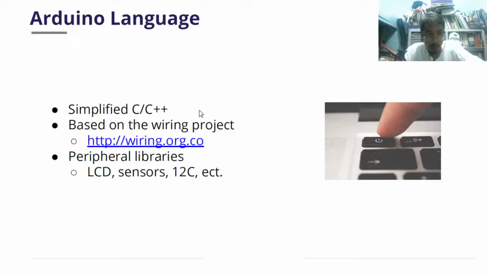So there are several possibilities like simplified C or C++. We call the program sketch. Okay, we call it the sketch. So sketch it in C, sketch it in C++. Okay. Based on the wiring project, wiring order, so we can use wiring.